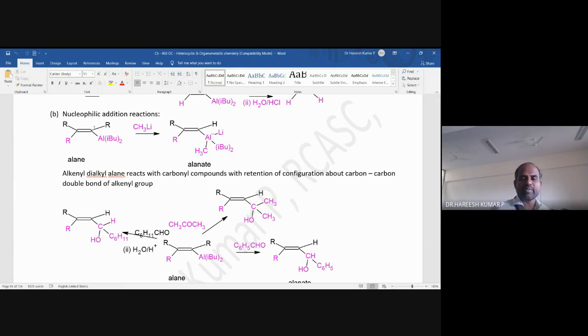Of course, geometrical isomerism is also very important. So many drugs, for example, I think you are aware of Actifed, Cold Act, which are drugs used for cold.